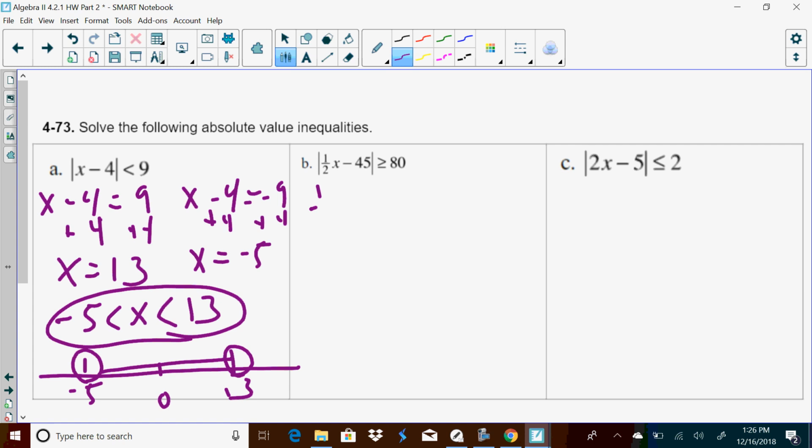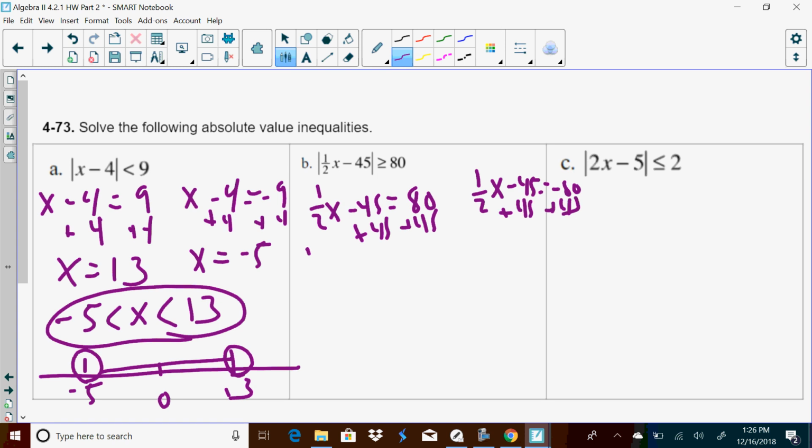For B, we do 1/2 x minus 45 equals 80, and equals -80. So I add 45. I get 1/2 x equals 125, and 1/2 x equals -35, sorry.